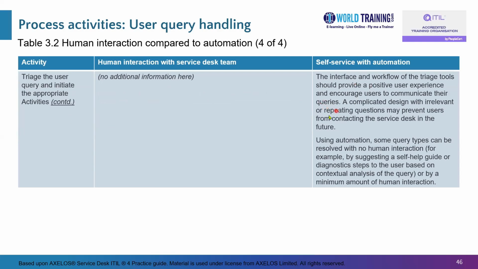In case of automation, the experience to the user should be positive. They shouldn't feel that automation is difficult for them to understand, otherwise they will prefer human interaction all the time. Automated systems can do well by suggesting self-help guides based on the nature of the query. In some cases, automation may require some human interaction as well.